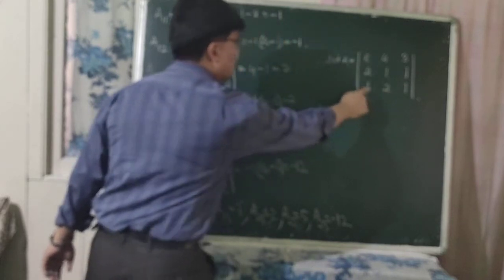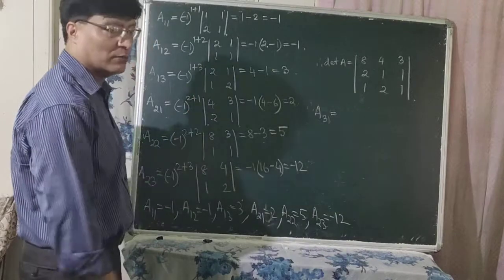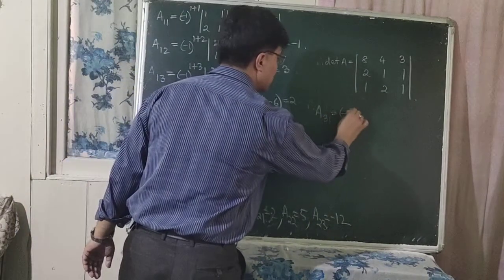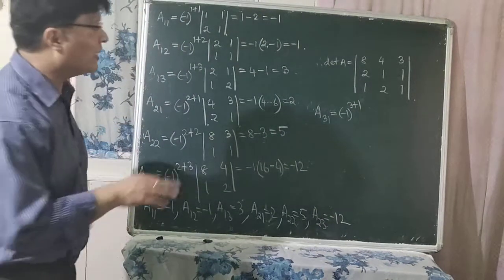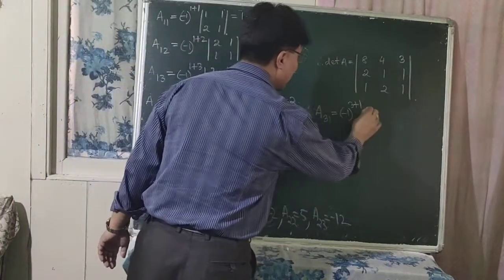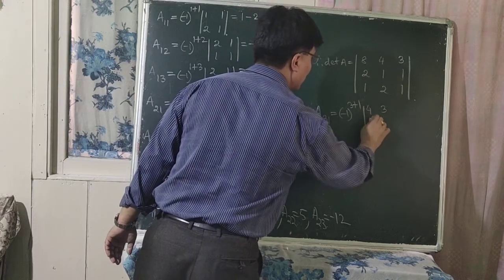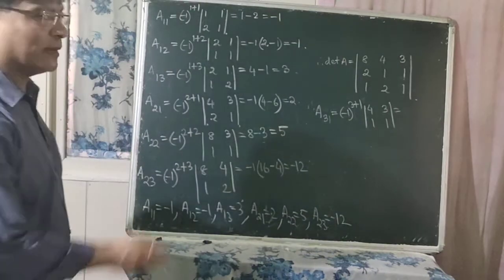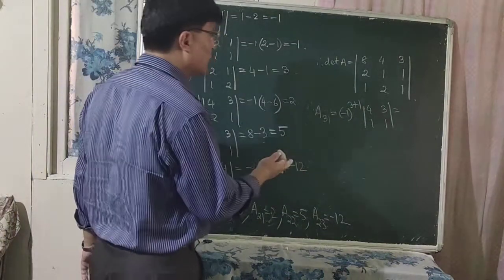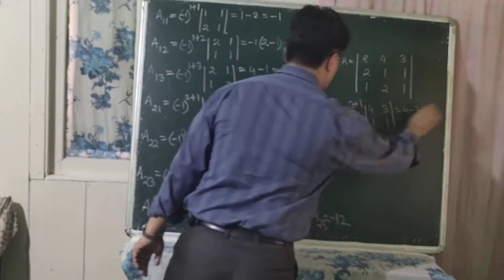So you have to consider the sign -1 to the power 3 plus 1. And now delete the row and the column through that element 1. What remains? 4, 3, 1, 1. Which is equal to, now -1 to the power 4 is plus 1. Usually we don't write. 4 ones are 4, minus 3, which is equal to 1.